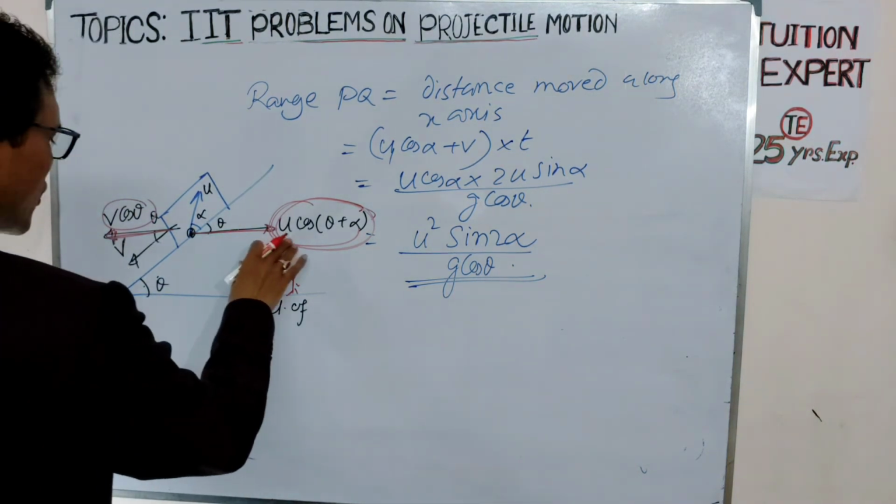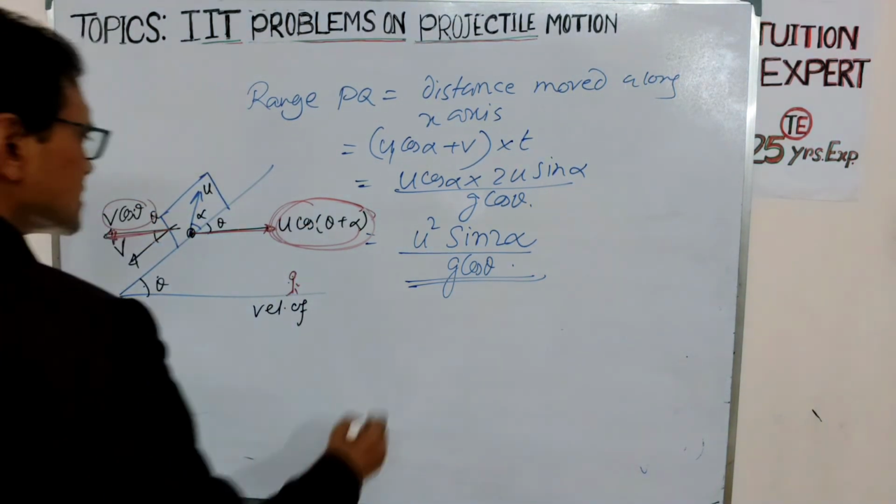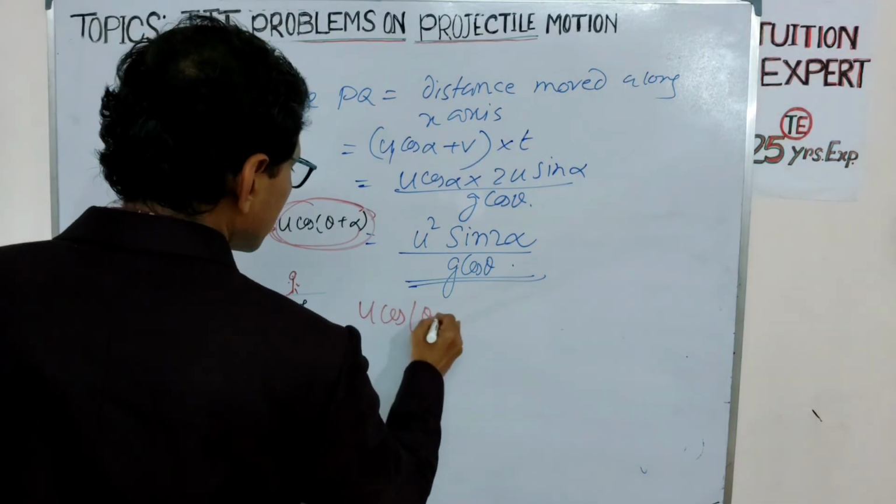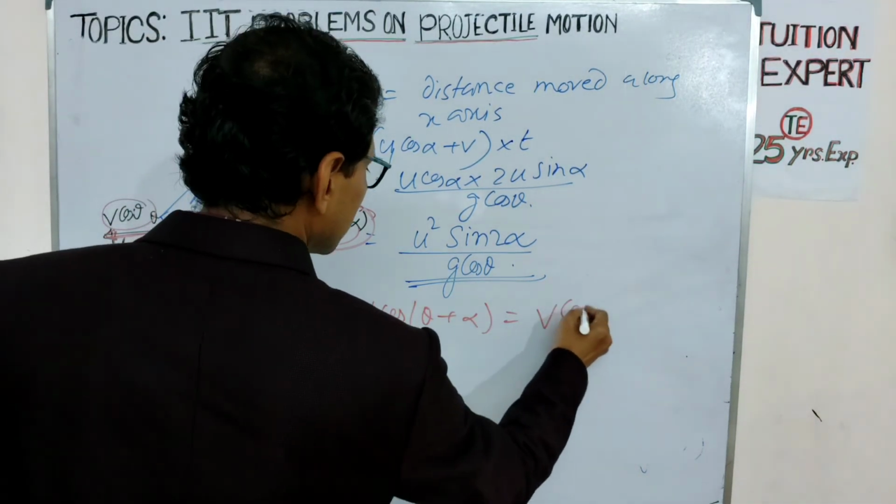So as there is no horizontal displacement, this velocity should be equal to this. So u cos of theta plus alpha equals v cos theta.